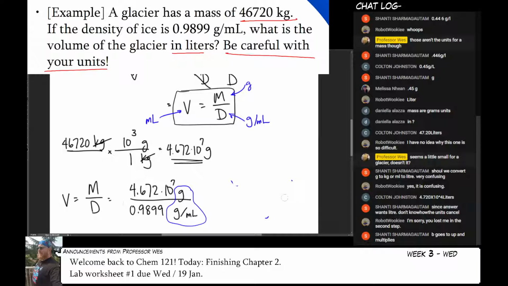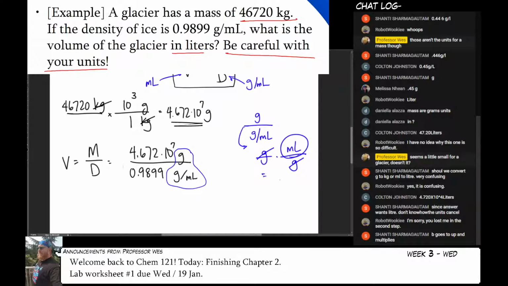Well, units operate just like anything else does, right? So if I see grams divided by grams over milliliters, this is the only unit that's left. So when I type in this expression and I get a number, this is the unit of my answer.